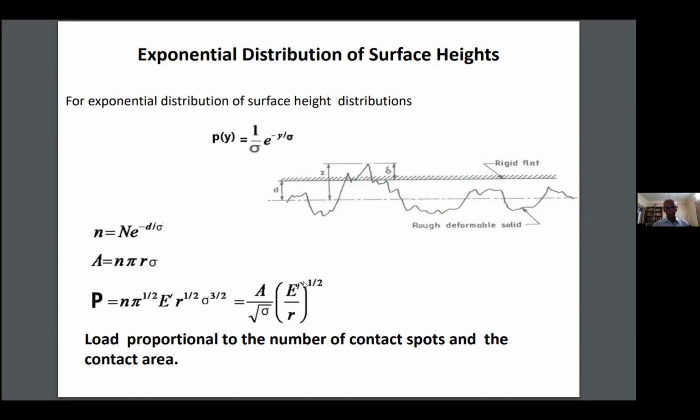And this is analytically proved using, of course, the Hertz contact mechanics theorems, that the load is proportional to the number of contacts and the contact area.